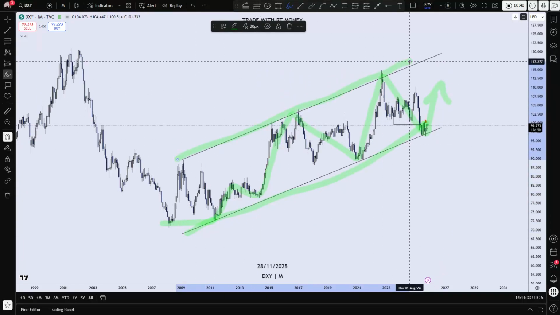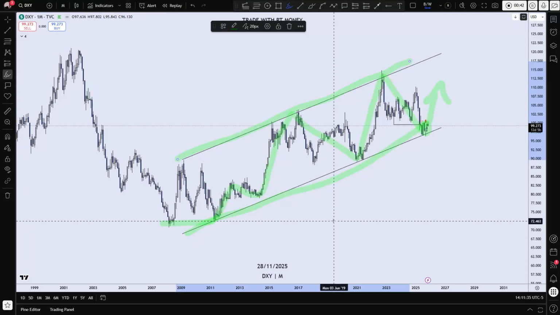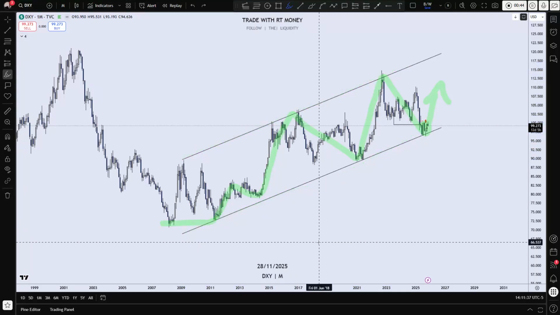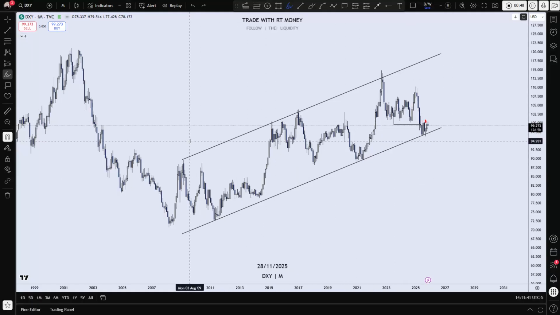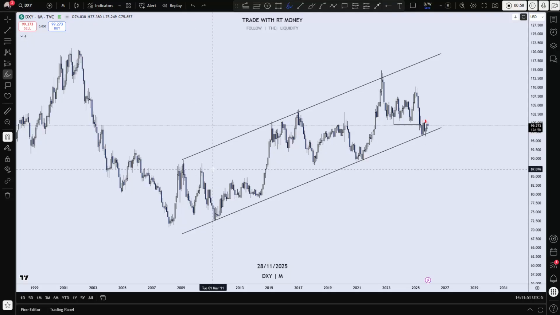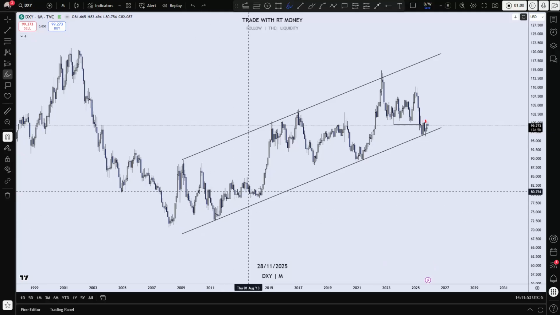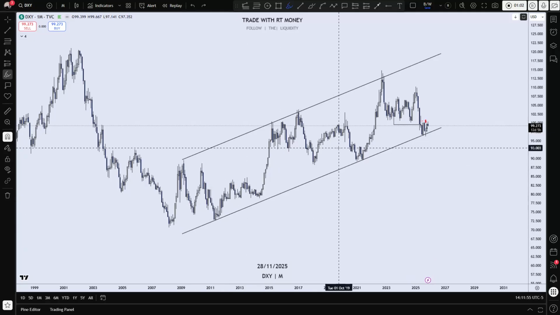And again, I don't use trend lines and these patterns as a way to mark trades or entries and whatnot. I actually just use them to mark structure. That's all.